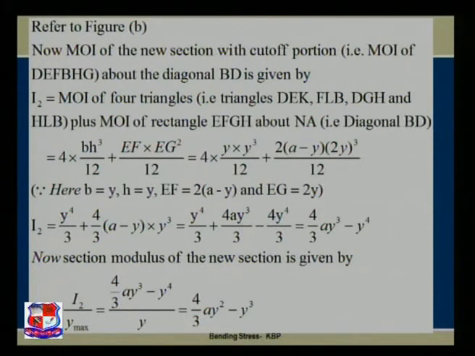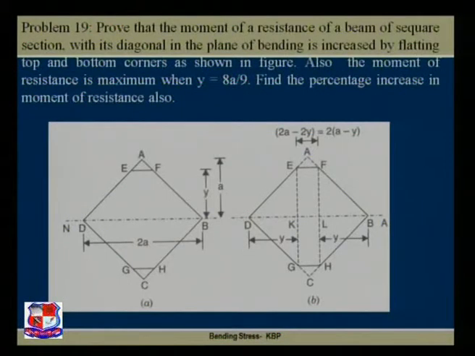Plus the moment of inertia of a rectangle, where one size is b and another size is d, is b d cube by 12. Here the intention is to find out those values. So if you refer to the figure, EF into EG cube by 12. EF, that is b. What is d? It is this d.